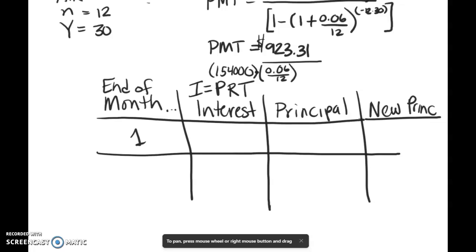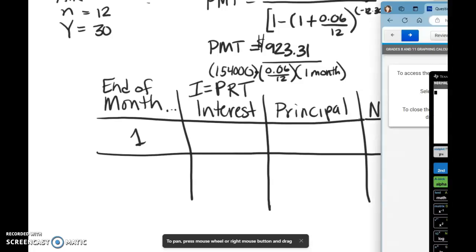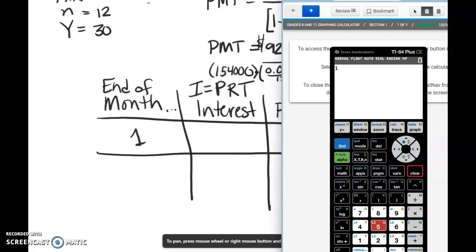That is the interest rate per month. And then it's only 1 month because we're talking about the time of 1 month. So when I do that, let's see what I get. And then multiply by 1.